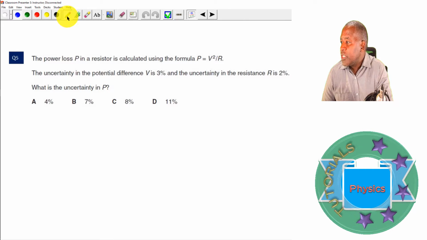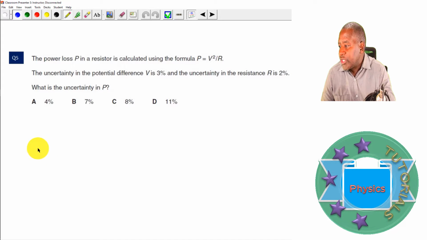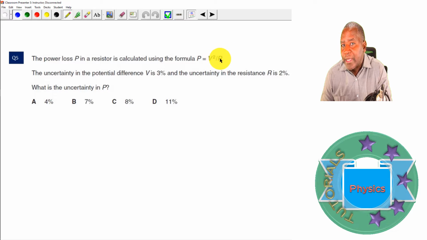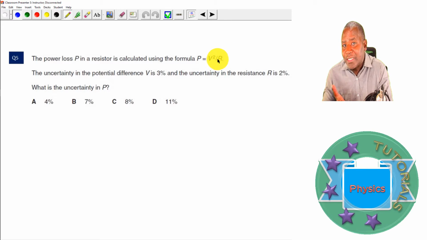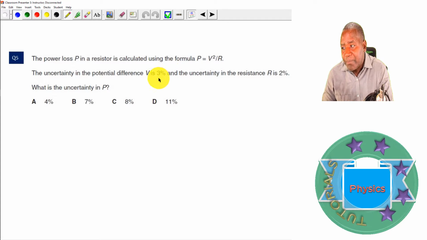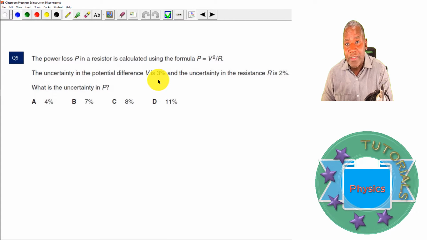So this is how we are going to proceed. We look at the equation and we decide, since there is no addition here, then we are going to involve either fractional uncertainties or percentage uncertainties. And because we've been given percentage uncertainties, that is what we might want to get.